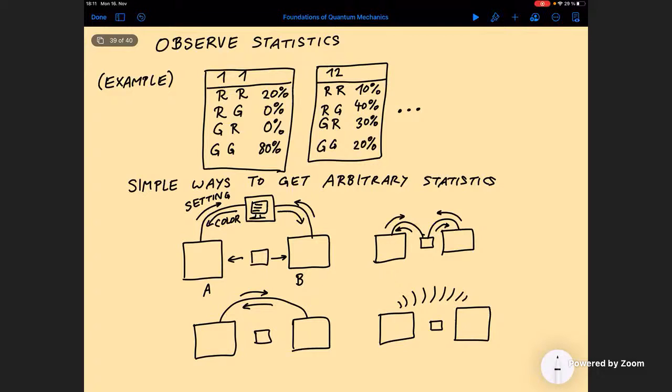So the only constraint on the statistics would be that things add up properly to 100% as they should. And other than that, there is no constraint. So this is the easiest explanation for what you observe, no matter what exactly the statistics would be.